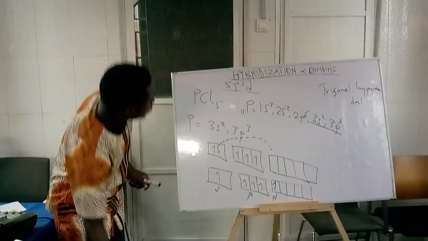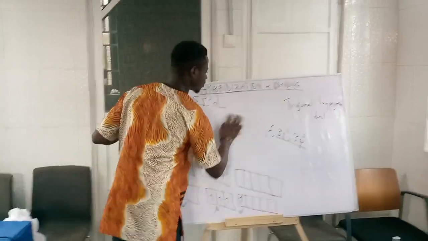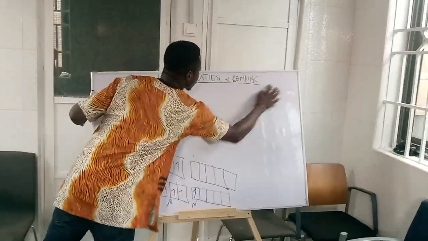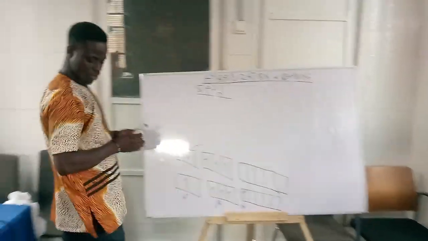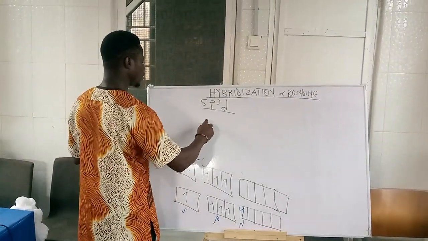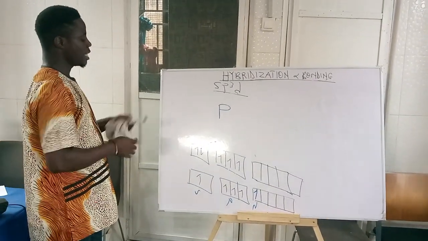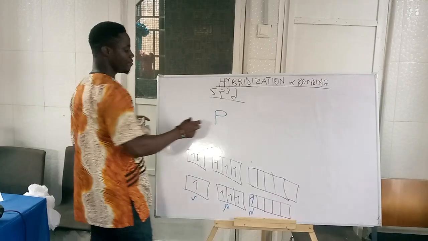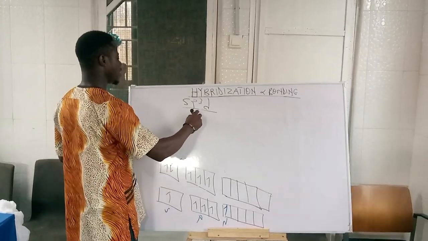So how do you draw this? Let's look at the phosphorus, which is our central atom. So this is our phosphorus, and it has 5 hybrid orbitals. One is here, like this.